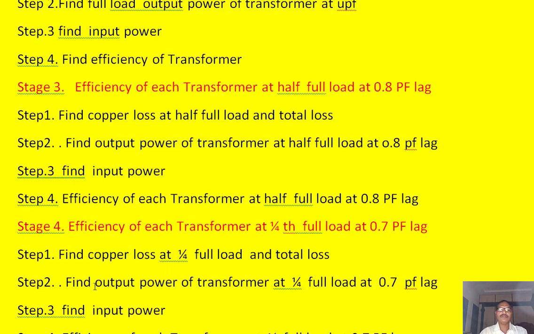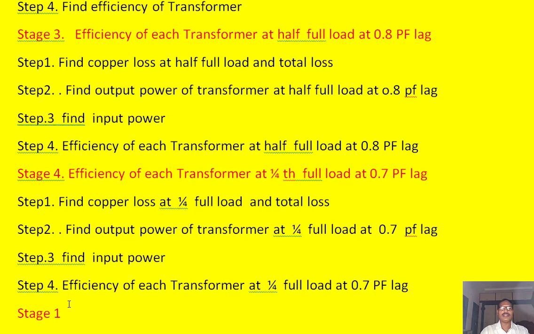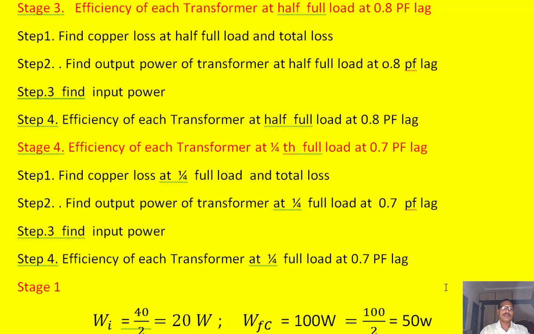Then we find the output power of the transformer at this 1/4 full load and at this power factor condition. Once we know the losses and the output, we can calculate the input power to the transformer. Then we can calculate the efficiency by dividing the output power by the input power, and multiplying by 100 gives us the percentage efficiency.